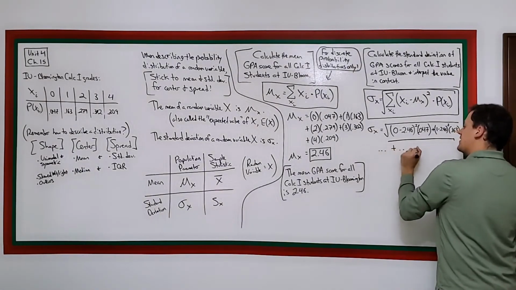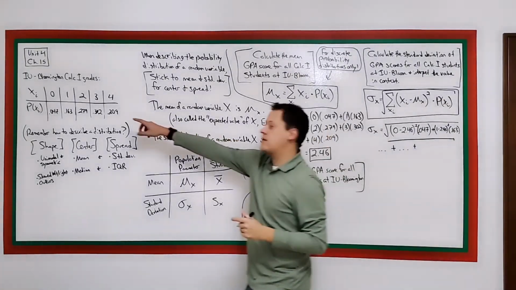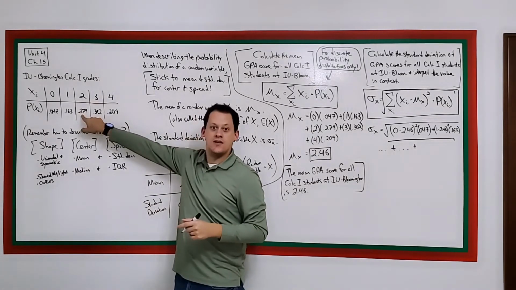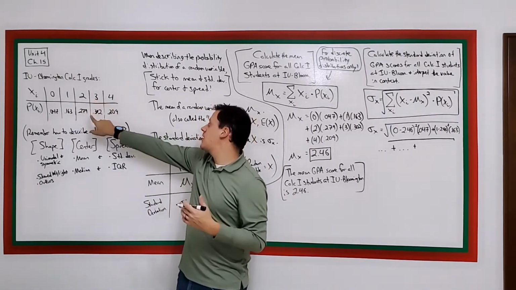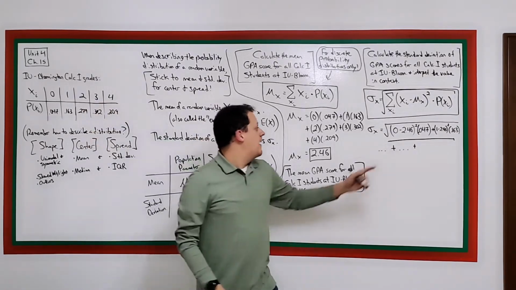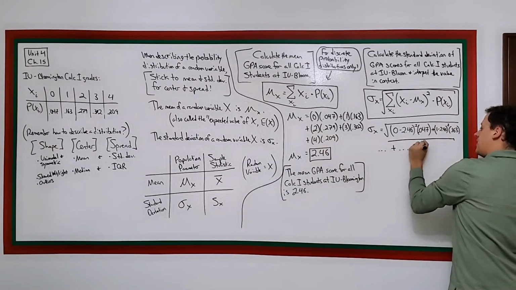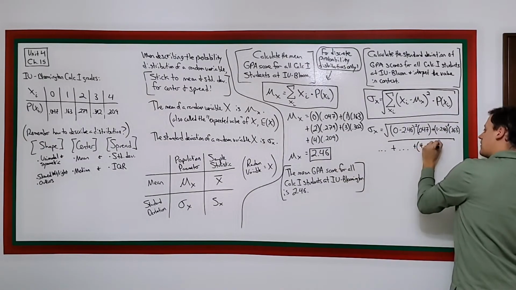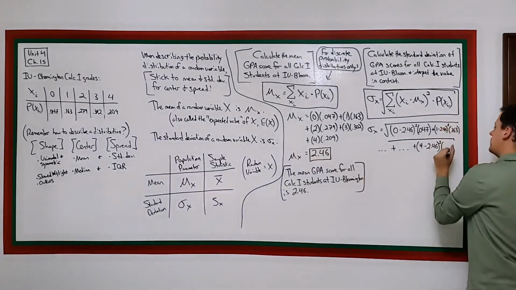And I'm actually going to skip over the next two terms, which would be 2 minus 2.46 squared times 0.279 plus 3 minus 2.46 squared times 0.302. And I'm going to go ahead and skip to the last term, which would be the last xi value, 4, minus the mean, 2.46, squared times the probability of getting a 4, which is 0.209.